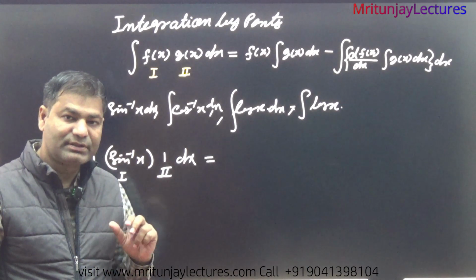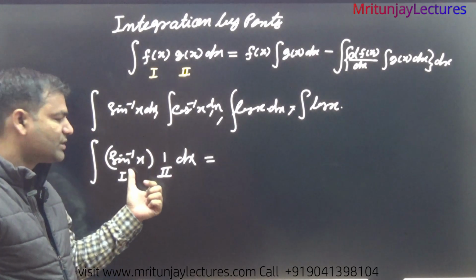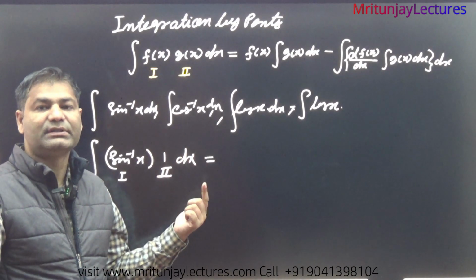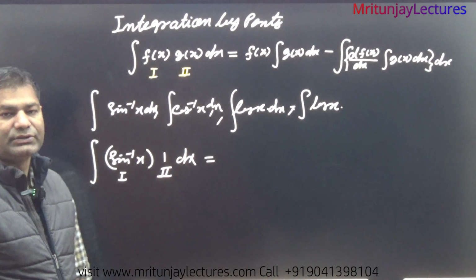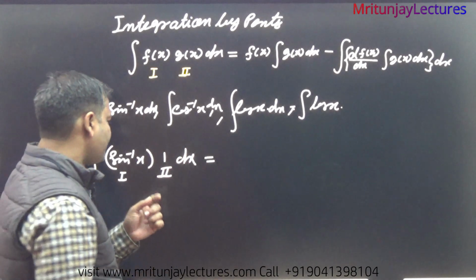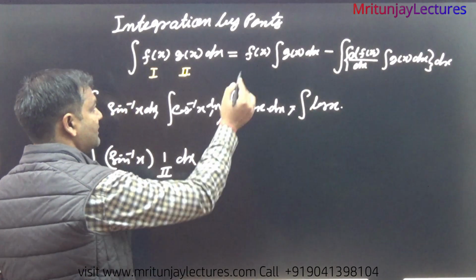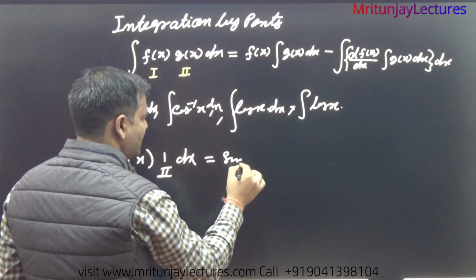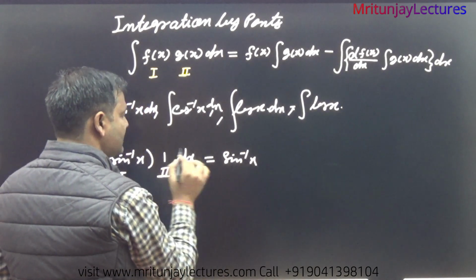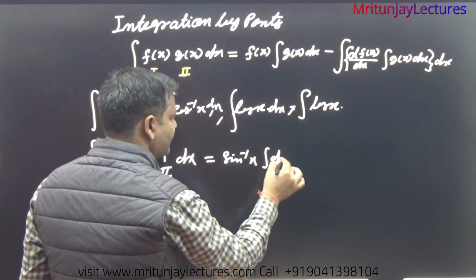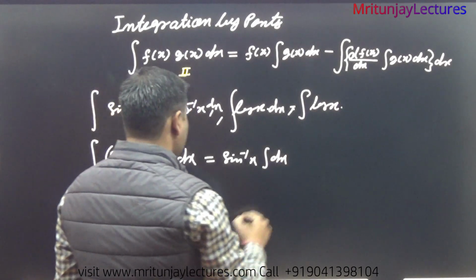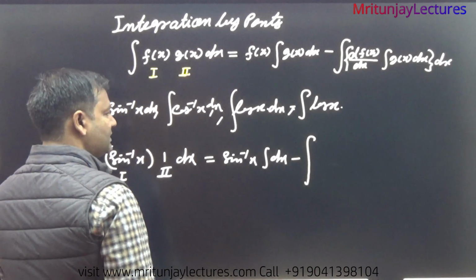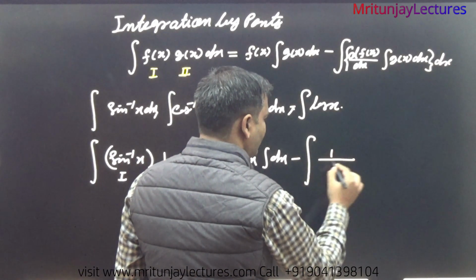If you don't know the integration of a function, then that function is the first function and 1 is taken as the second function, then we get the answer. Okay, so how can we do it? Simple. Sin inverse x first into second: first written as sin inverse x, integration of 1 dx, okay, minus differentiation of sin inverse x, that is, what is that value?